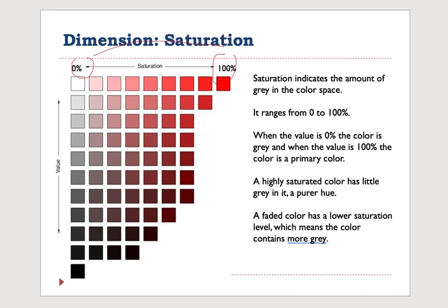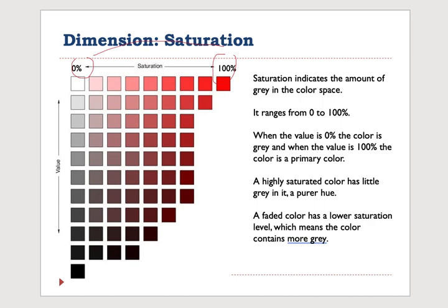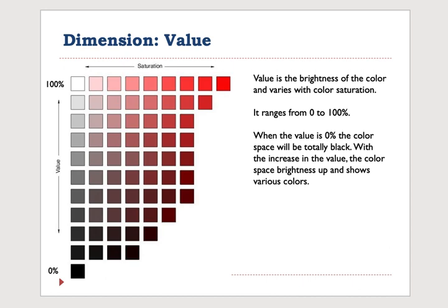Like we could see here in this example, our hue is 220 and our saturation is 100%, so we see our primary color, whereas our saturation here is 70%, so this has a lower saturation, which means that it has more gray undertones. It looks more gray. So again, it contains more gray when it has a lower saturation.